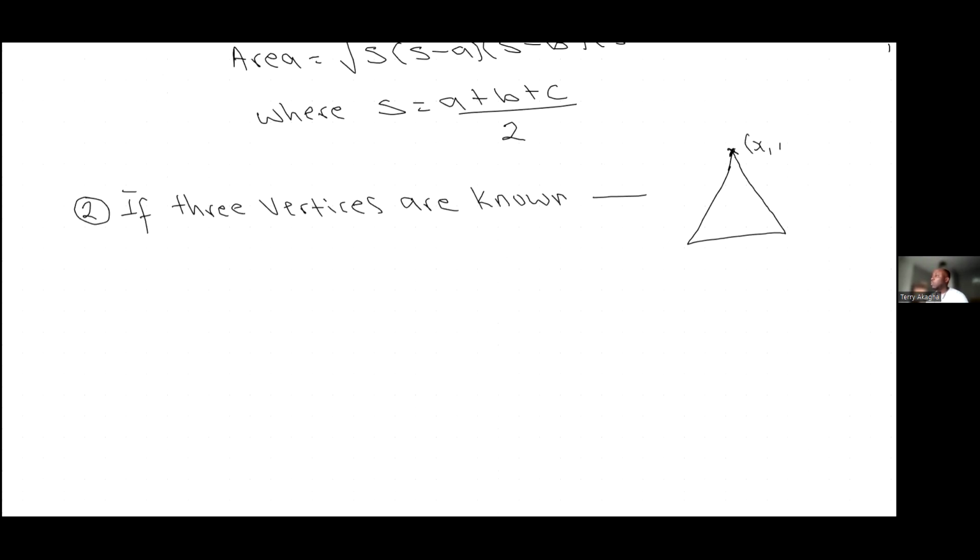Then the coordinates of this point here, you know this to be x2, y2. And you know the coordinate here to be x3, y3, okay?